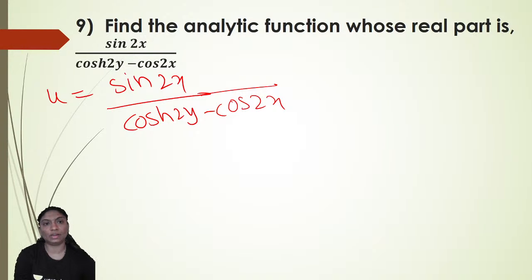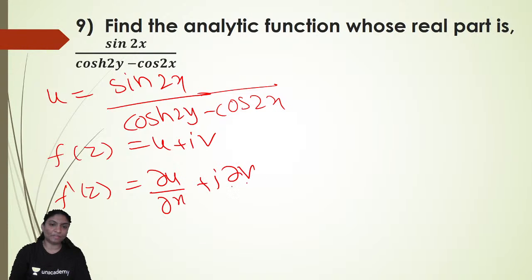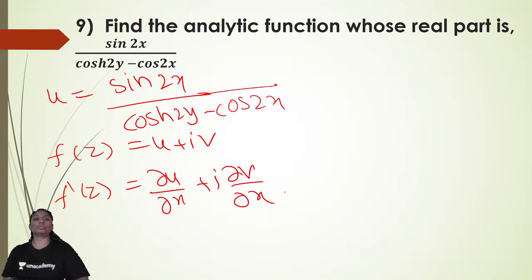Okay. Analytic function, it means we have to find out f of z only, so that is u plus iv. So first of all calculate. So here your f of z is equal to u plus iv. So f dash of z is equal to del u by del x plus i into del v by del x. Right? So calculate del u by del x first. So del u by del x, you will get here by the u upon v rule.